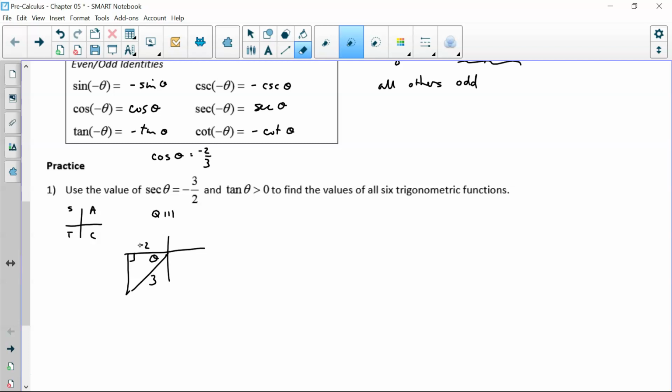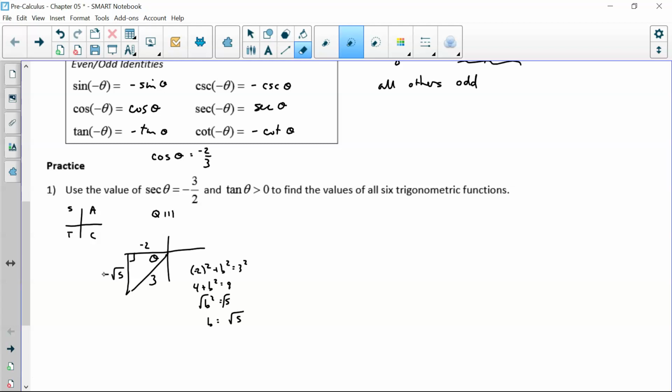Use the Pythagorean theorem to find the missing side. -2 squared plus b squared equals 3 squared. 4 plus b squared equals 9. b squared equals 5. b equals the square root of 5. Now, we have two solutions, the positive and a negative. So because we're in quadrant 3, both legs are negative. The root 5 is a negative root 5.